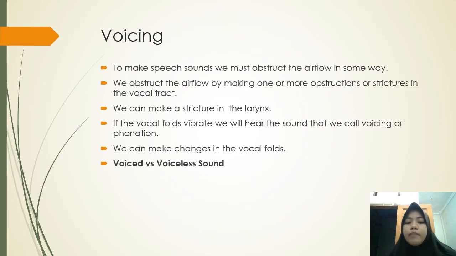Even we can make the obstruction in the larynx here, kita bisa menghambat di bagian laring. Then, if the vocal folds vibrate, we will hear the sound that we call voicing or phonation.